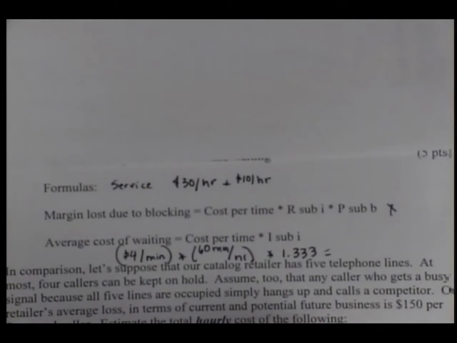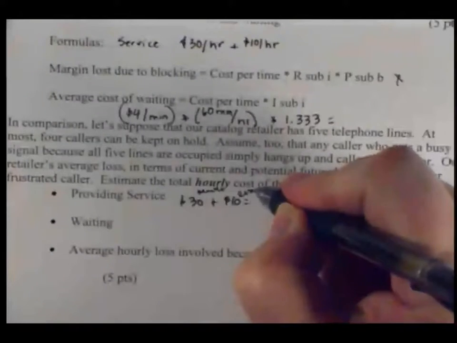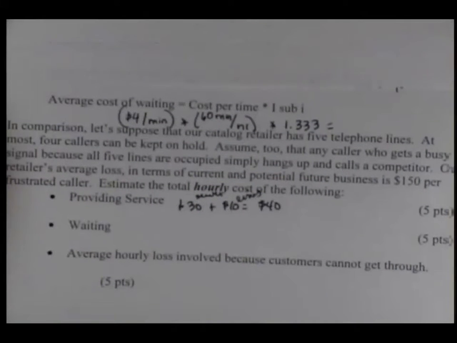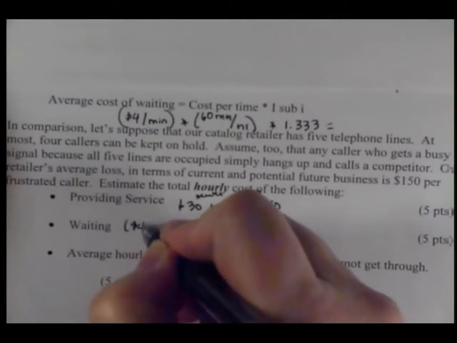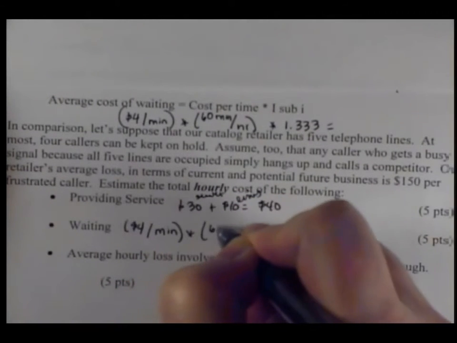So that's our $40 cost because we've got the server and we've got the lines, okay? And our waiting cost is still our $4 per minute times 60 minutes per hour.